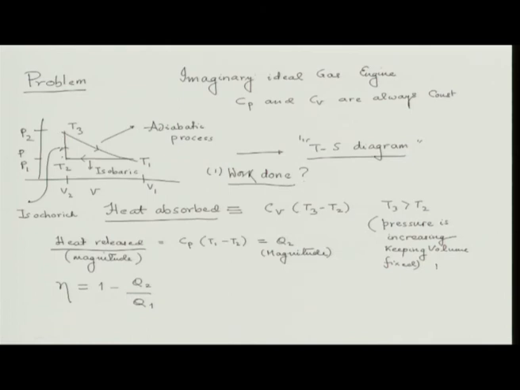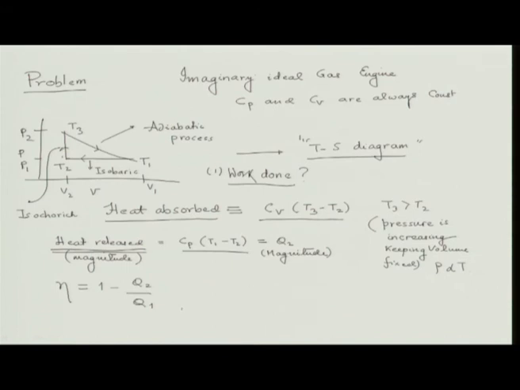If I keep volume fixed, P is proportional to T, pressure increases means temperature increases, and the heat absorbed will be Cv (T3 minus T2). I have assigned temperatures. Okay. Now, heat is released in this process because it is isobaric, volume is decreasing keeping pressure constant. So, T2 will be less than T1. I have written the magnitude of the heat released as Cp (T1 minus T2), which is Q2.